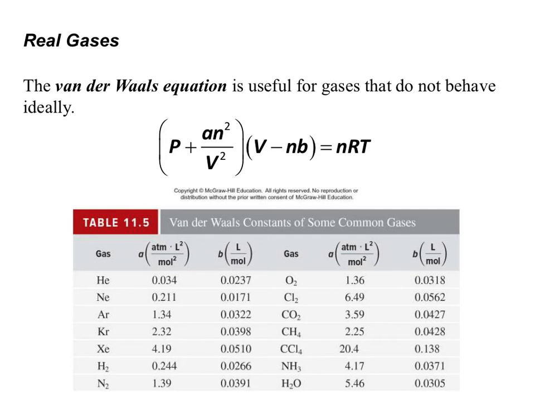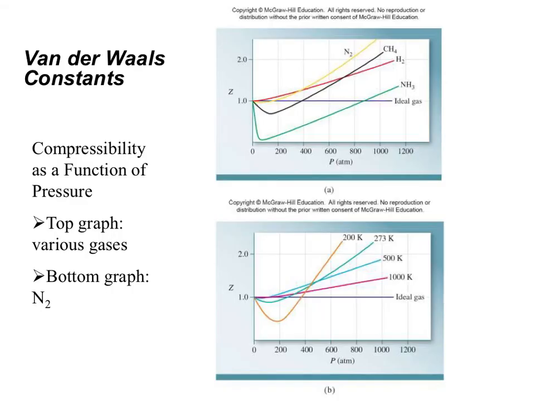You will notice that they vary from each other and are very specific and unique to each gas. If you wish to solve the van der Waals equation, you have to use the appropriate van der Waals constants for the gas that you are discussing.